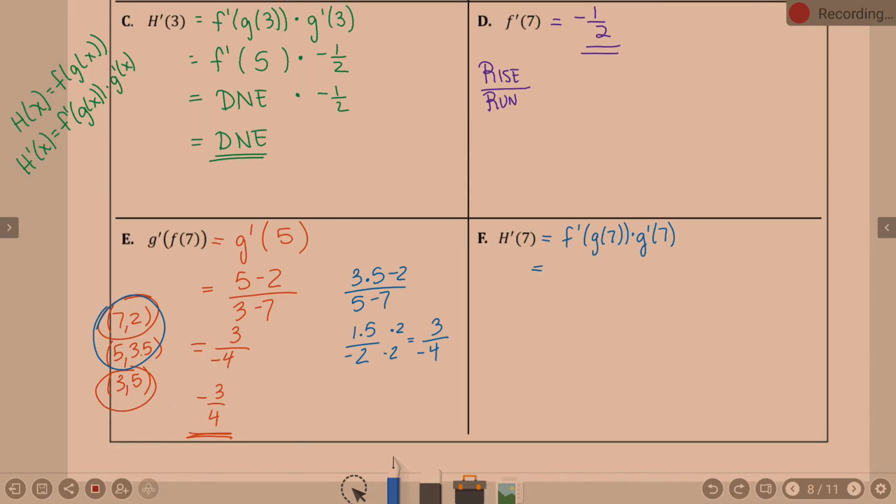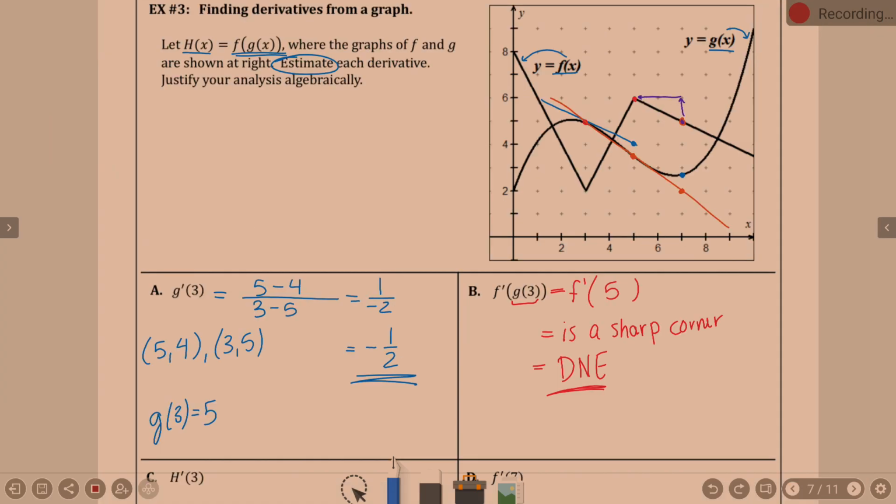So, f prime of 2.8. What's g prime of 7? Have we done that one? Nope. So, g prime, curvy graph of 7.